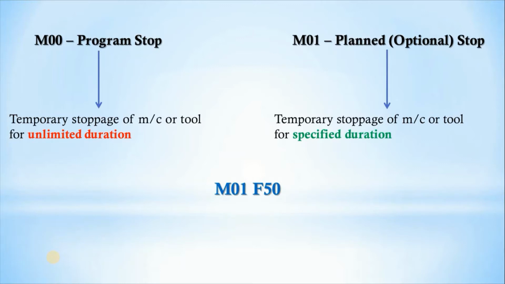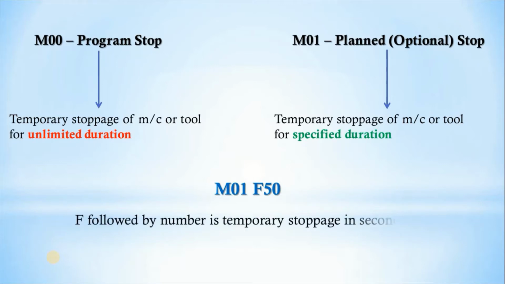But in M01, if we use F followed by a number, say 50, it indicates that the program is stopped for 50 seconds. So whatever number F is followed by indicates the stoppage of the machine for this specified duration, which is in seconds. So this is the difference between program stop and planned stop.